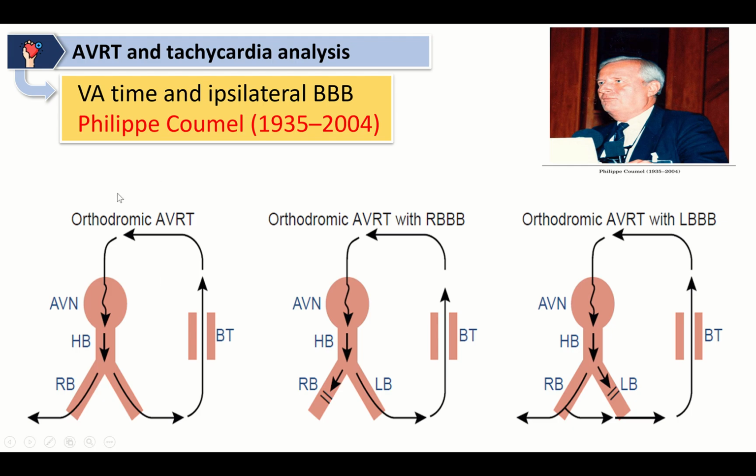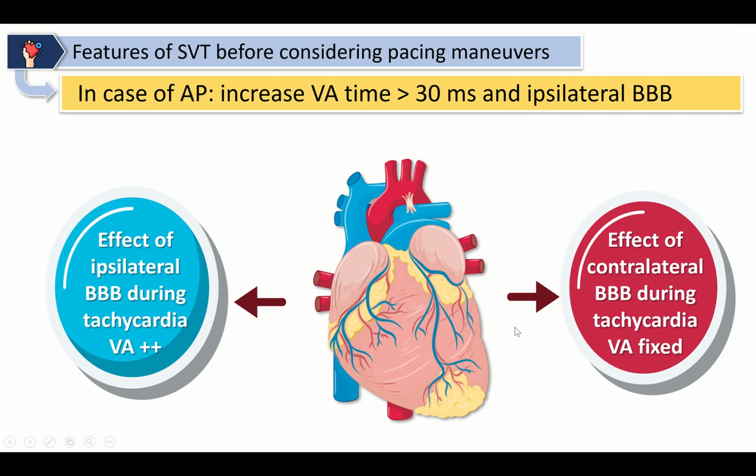This is an example of normal orthodromic AVRT. The second one, the middle panel, is AVRT with a left lateral accessory pathway that developed right bundle branch block. What happened? Nothing. Same conduction, same VA interval and cycle length. However, when he developed left bundle branch block, in the case of a left accessory pathway, VA time increased and cycle length increased as well.